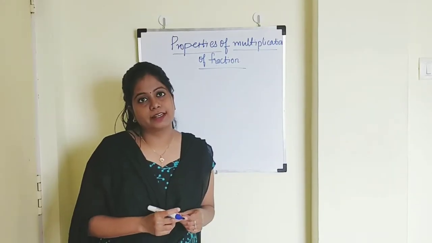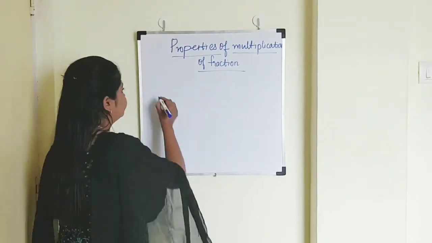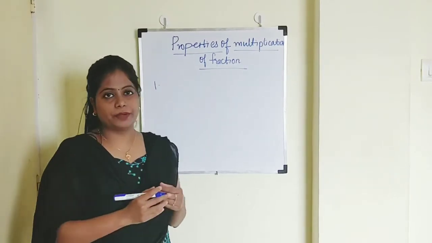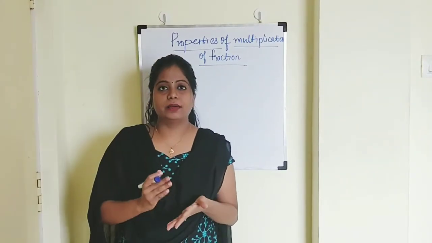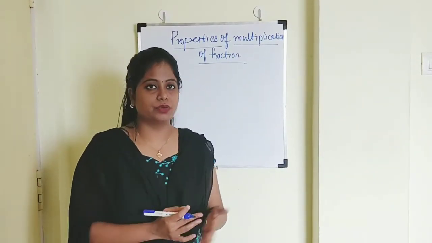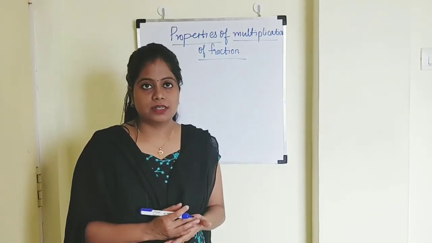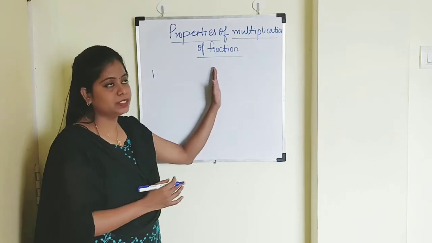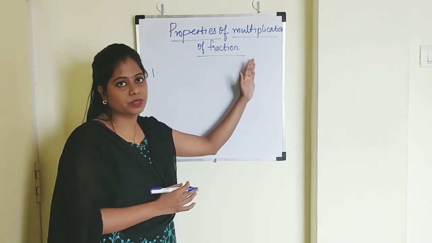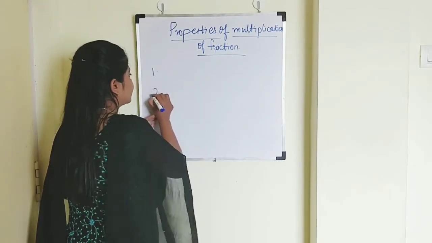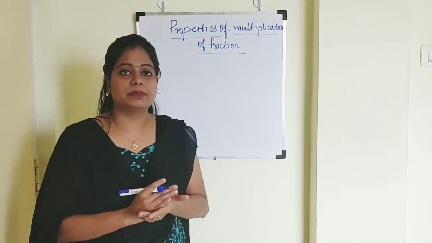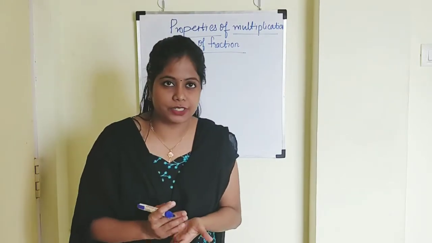Properties of multiplication of fractions. The first property, you all know the properties of multiplication, right? Any number multiplied by 0 is 0. The same applies here. Any fraction multiplied by 0 is 0. The second is any fraction multiplied by 1 will be the fraction itself.